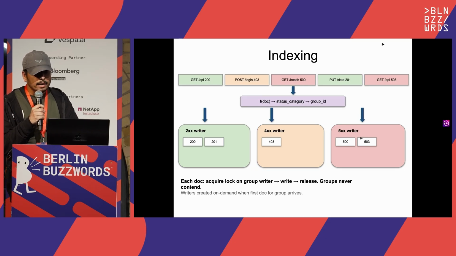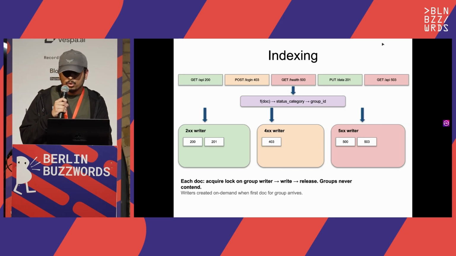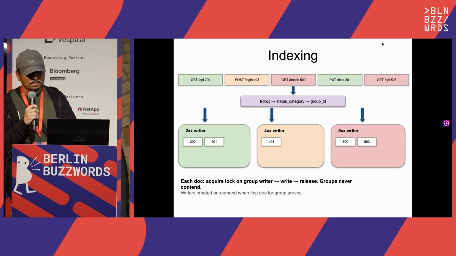And these three writers are three independent paths. What I mean is, if there is any ingestion being performed on the 5xx writer and there is a lock on it, during that time the 2xx writer can independently accept requests, ensuring full parallelism across different groups.